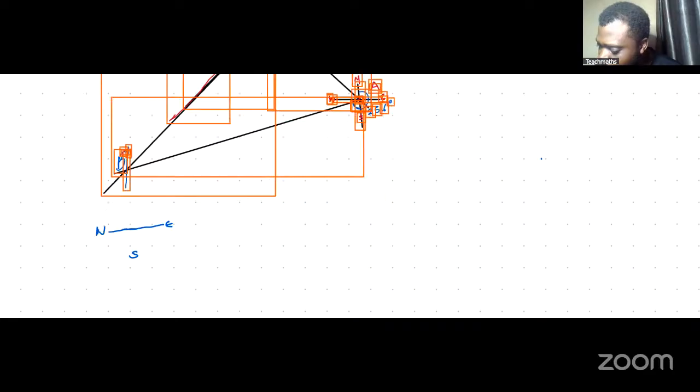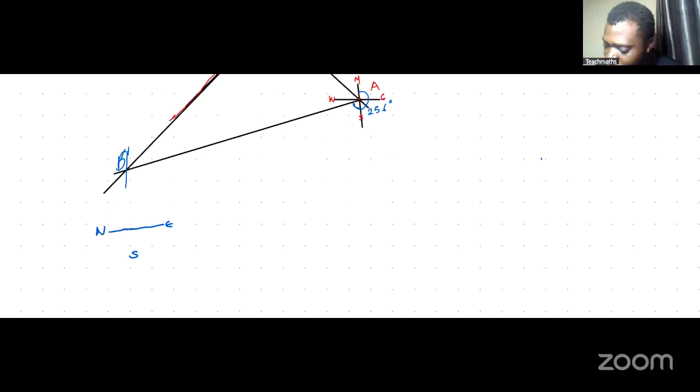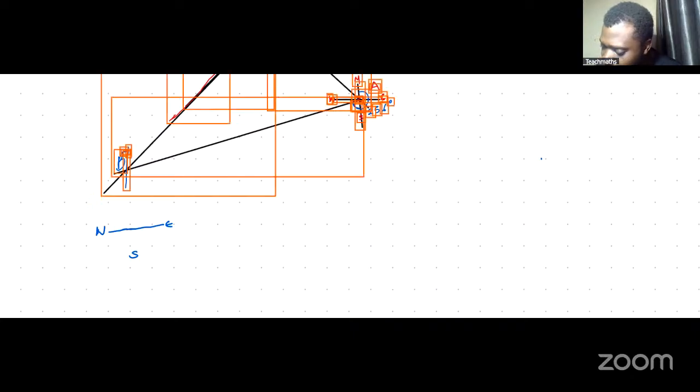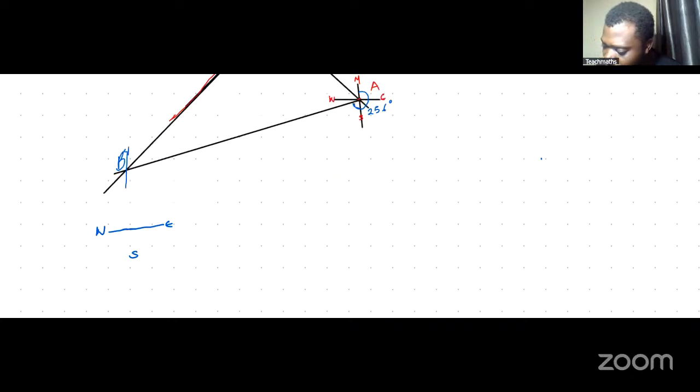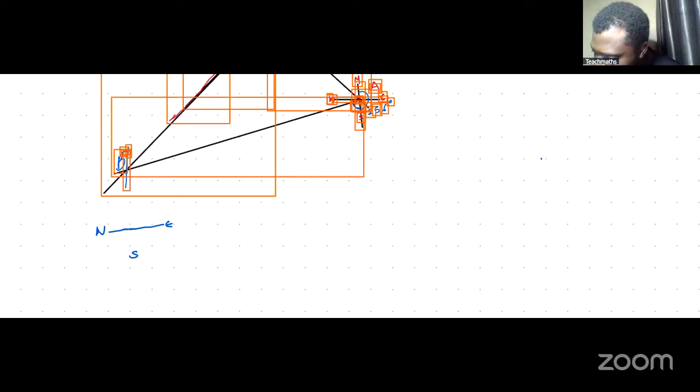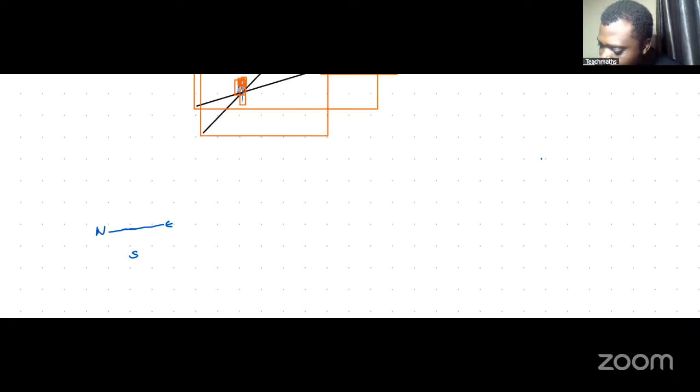Just wanted to reduce the size. I think this is now too small.